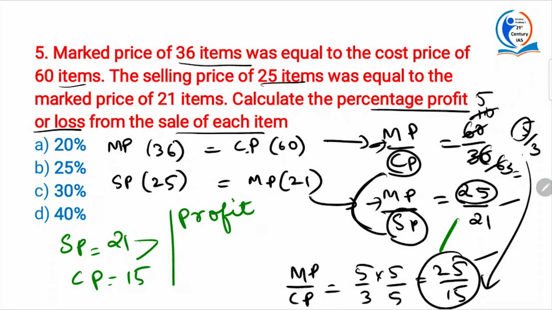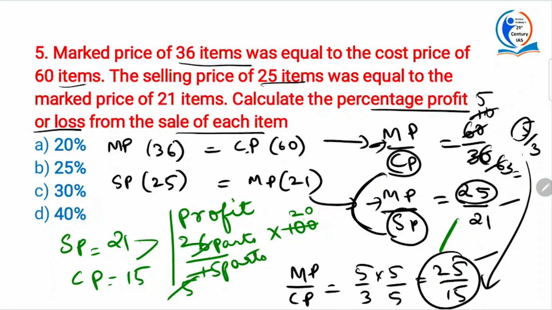The difference between these two parts, 21 minus 15, how much is it? It is 6 parts by 15 parts into 100, right? So 3 2s are 6, 3 5s are 15, 1 5 is 5, 20. So it is 40%. D is the answer.